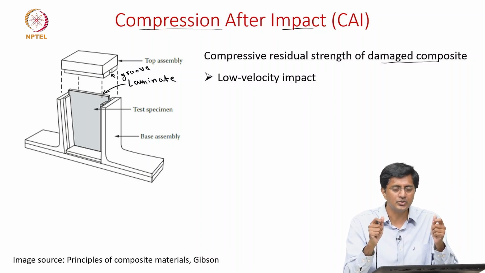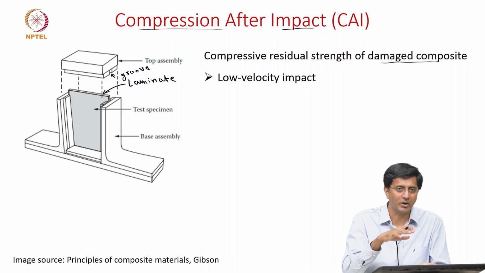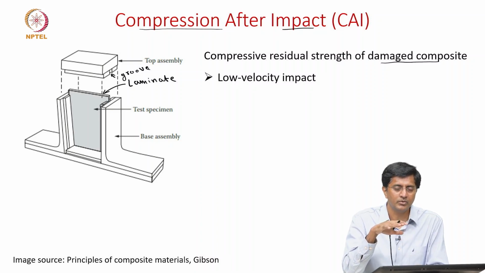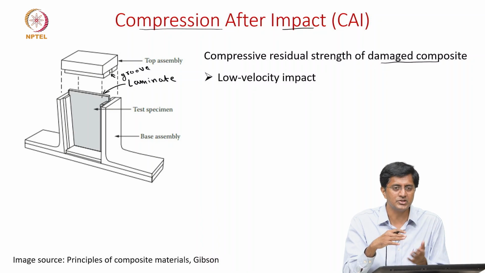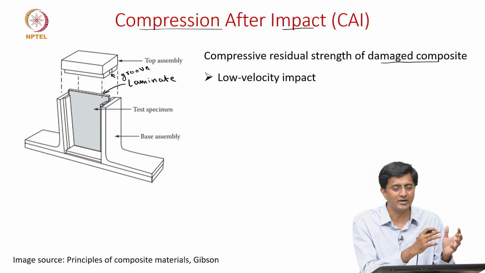These grooves will ensure that while you apply a compressive load, this panel doesn't buckle, or at least the resistance to buckling is there. So essentially we are looking at what is the compression load this panel can take before failure.